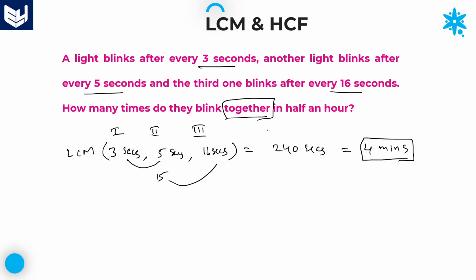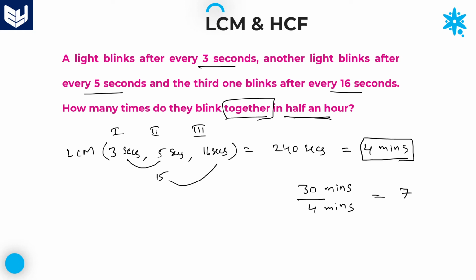Now the question is, how many times do they blink together in half an hour? Half an hour is 30 minutes. So you need to divide by 4 minutes. It is not exactly divisible, but we don't want the remainder, we want the quotient, exactly how many times. Here 4 sevens are 28.